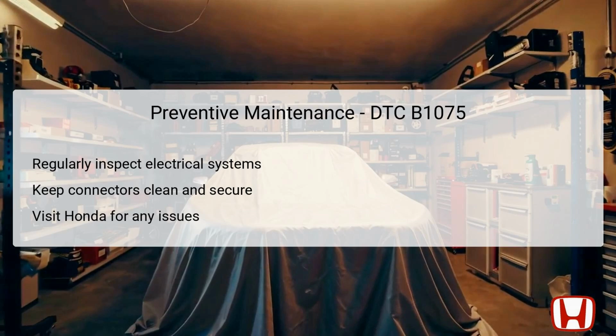Keeping track of any irregularities or warning lights on the dashboard can also assist in catching potential issues as they arise. Lastly, a timely visit to a Honda technician whenever unusual behavior is noted can provide reassurance and ensure that the headlight functionality remains reliable throughout the vehicle's life cycle.